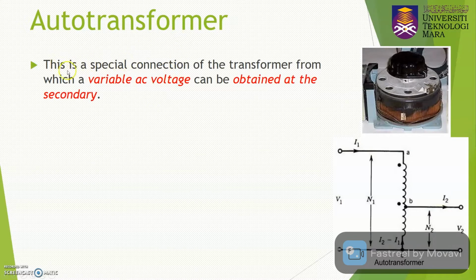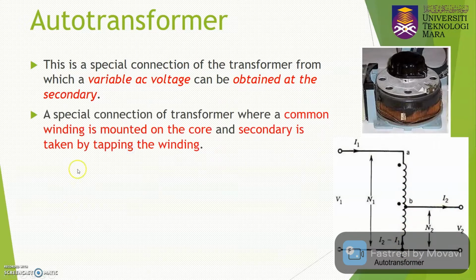The autotransformer is a special connection of the transformer from which a variable AC voltage can be obtained at the secondary side. You can have a variable AC voltage at the secondary side by changing the secondary winding.